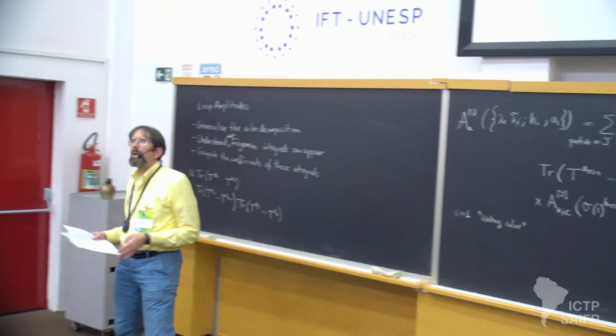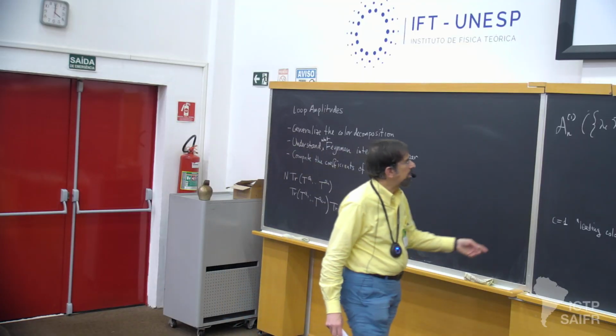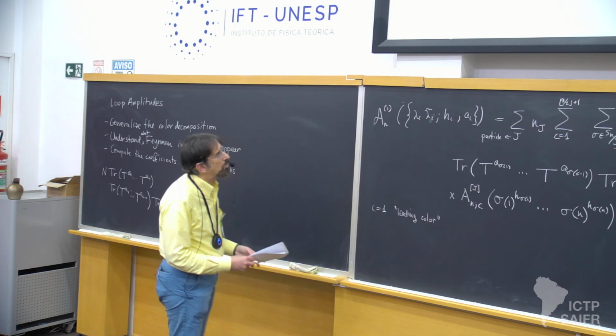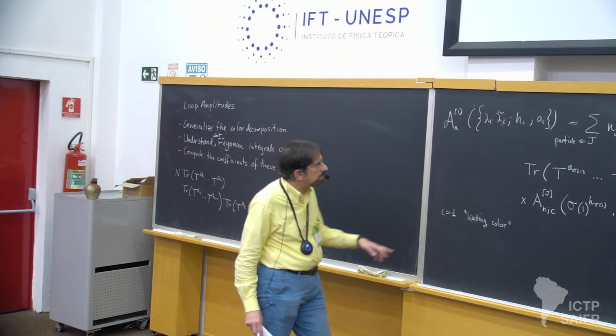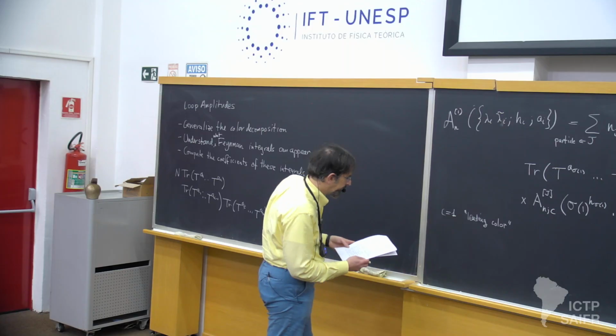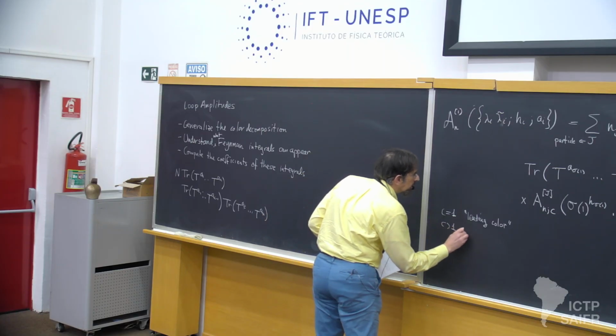If you square an amplitude and then sum over all colors, the C equals 1 contribution will end up with a larger power of n compared to those coming from C greater than 1. So these are called subleading color.